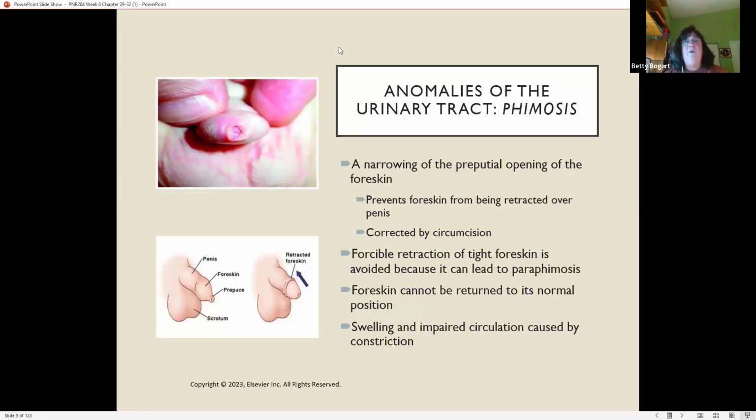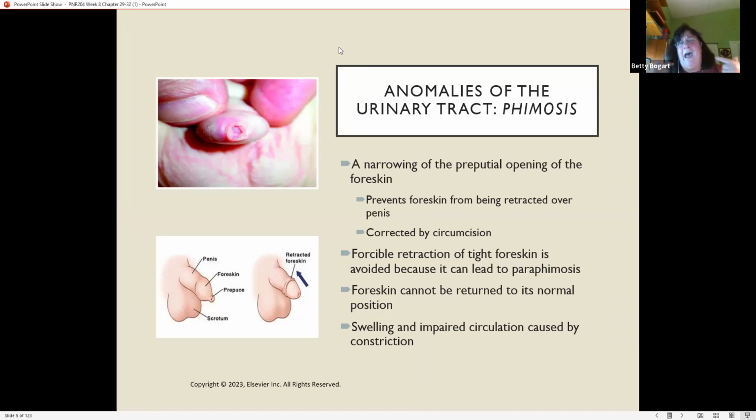So one of the abnormalities of the urinary tract, and this was my son Christian at birth. I firmly believe in pulling down the foreskin of the penis and cleaning underneath every day because that's how young males that are uncircumcised will be more apt to get urinary tract infections.